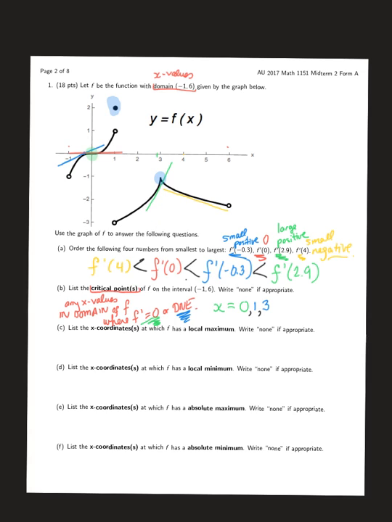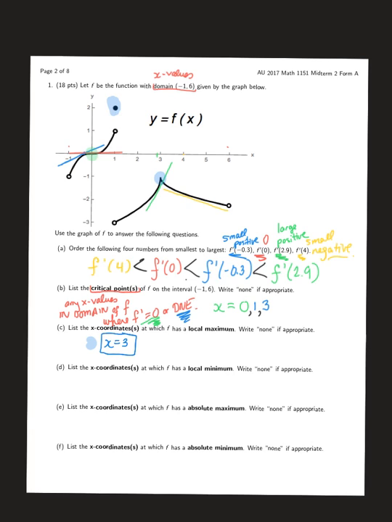I will tell you only one of them is a local maximum, and it is (3, -1). So I'm going to write this in blue because I already have it highlighted in blue. So x equals 3 is a local maximum, and that's actually our only local maximum.